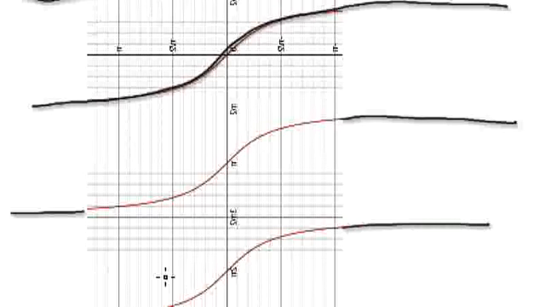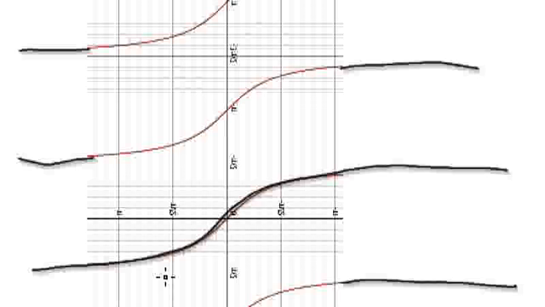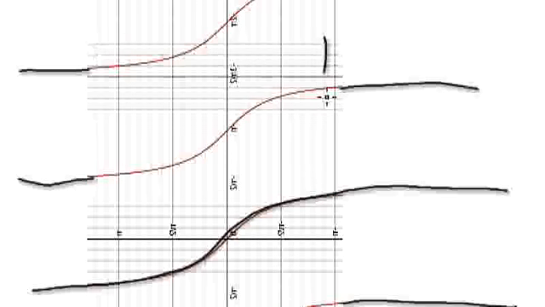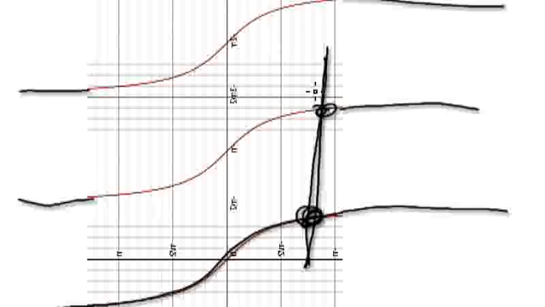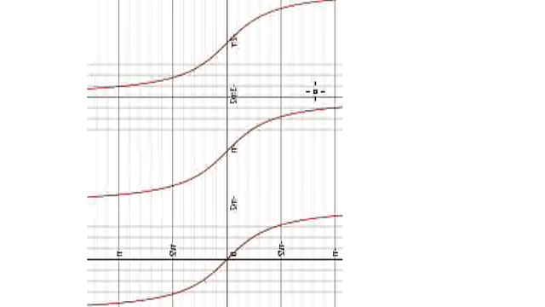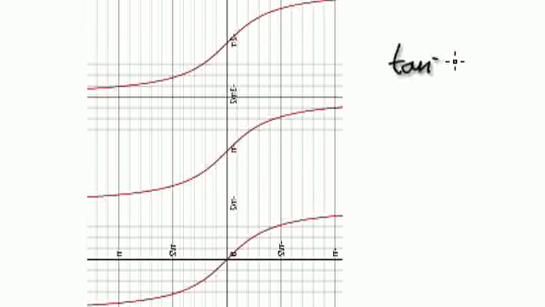But remember, a function is when you draw a vertical line and you only have one point. At the moment, when we reflect this graph along the diagonal line, it is not a function, because if you draw a vertical line here, you have multiple points.